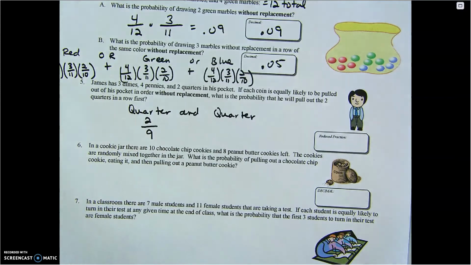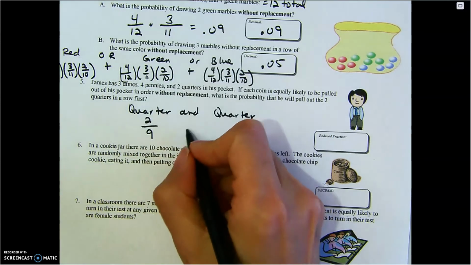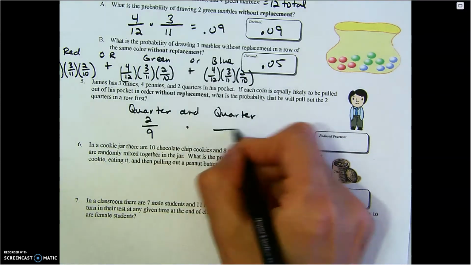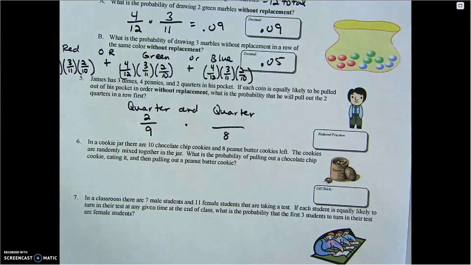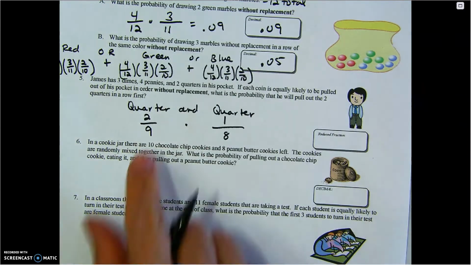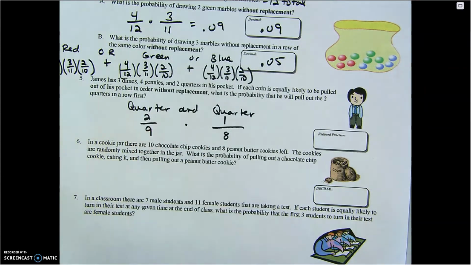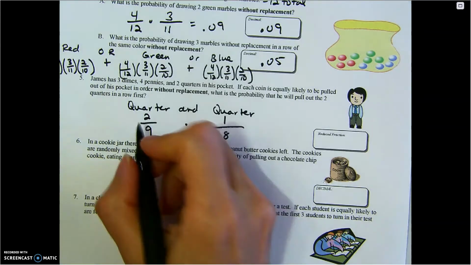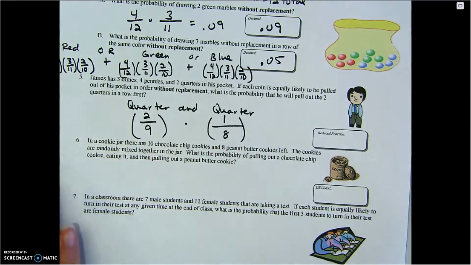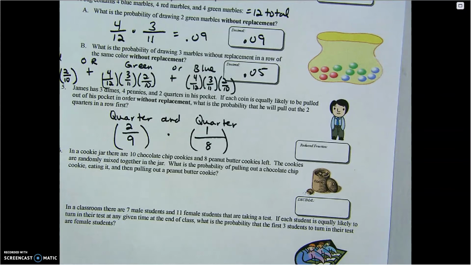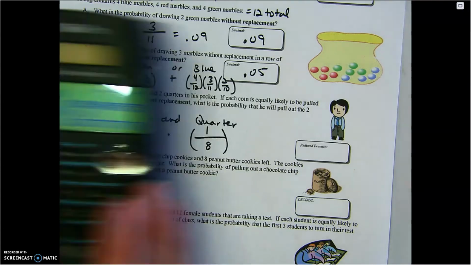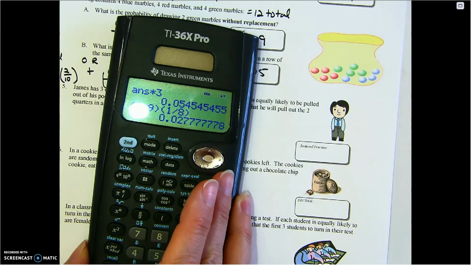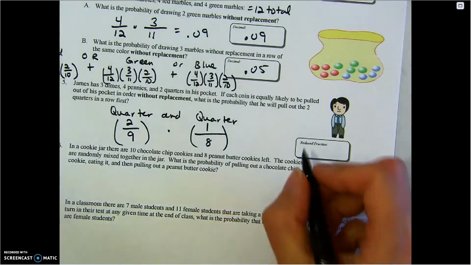So there's 9 coins in his pocket. And means multiply, without replacement, so we're down to 8. And there's only 1 quarter left because we assume the first event happened. So 2 ninths times 1 eighth is 0.027777. So I'm going to say 0.03.